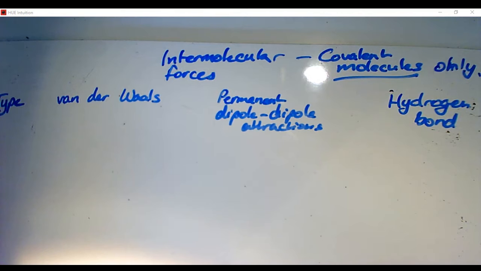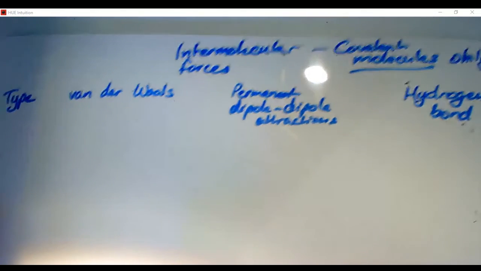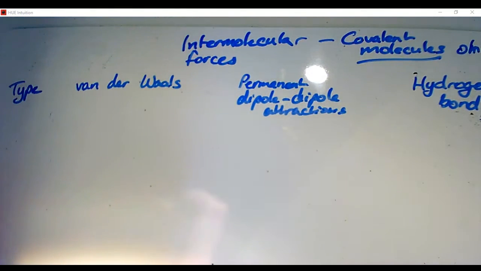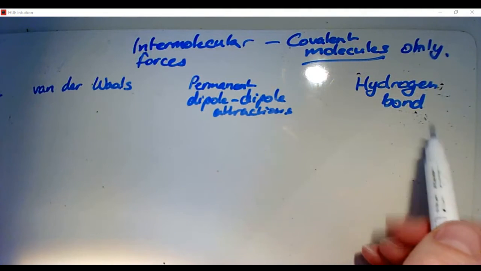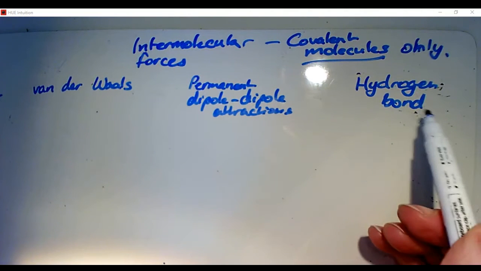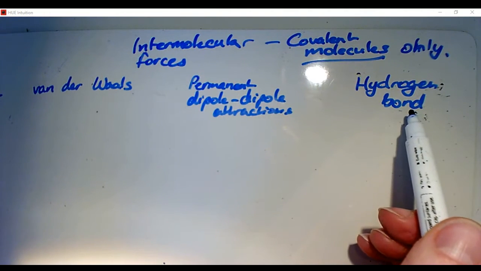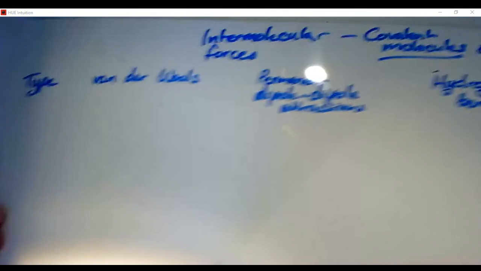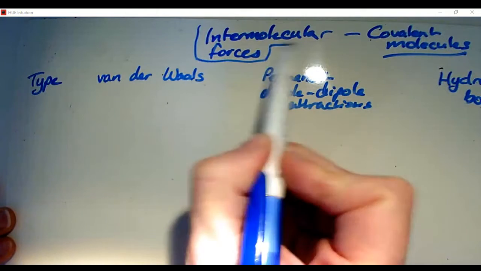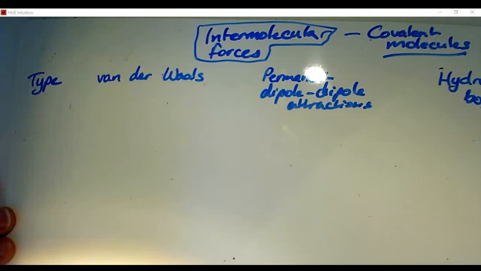Bonding is the description of what holds particles together. So just be aware of that. We're classifying these as intermolecular forces, but effectively they are a type of bond. Hydrogen bonds are called that rather than attractions because they are seen as quite strong. But there's a spectrum of strength of different types of bonds. The key thing is they are between molecules.